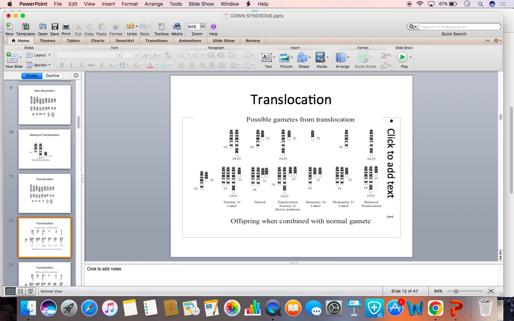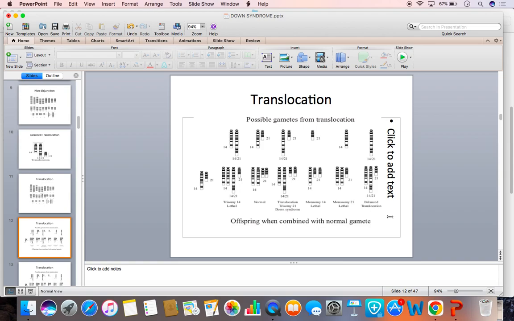The individual will have two copies of 21 and one copy of 14 and one copy of the translocated 14. And the total complement will be 46 chromosomes. Okay, that's what happens in translocation Down syndrome.